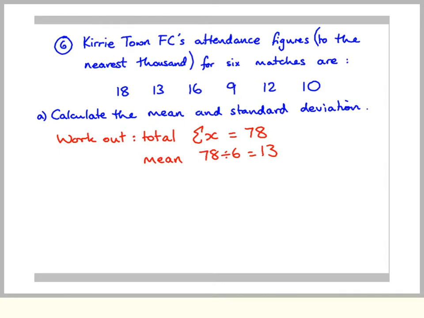Now in this case you don't have to count them up because it says there are 6. Next thing we have to do is work out sigma x squared, which is this number squared, this number squared, this number squared, this one squared, this one squared, this one squared, all added up, and that's the answer.